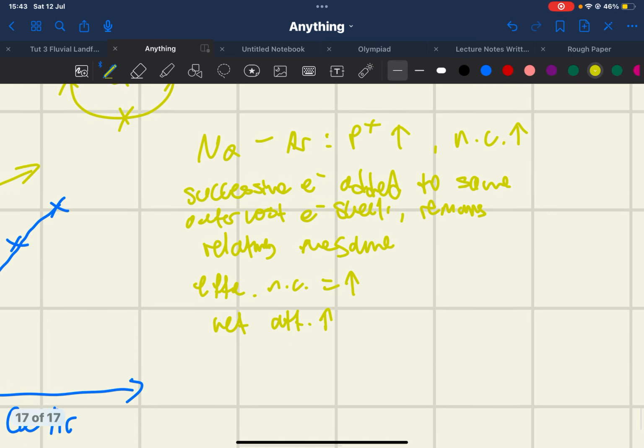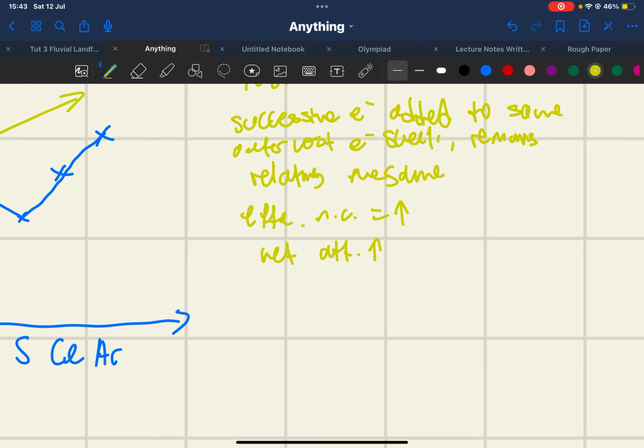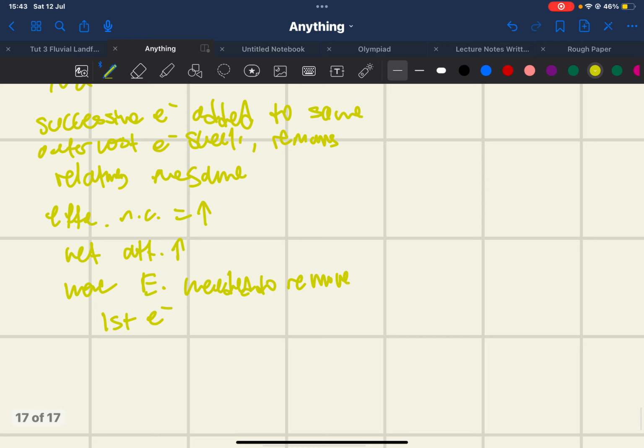So therefore more energy is needed to remove the first electron from the outermost electron shell.